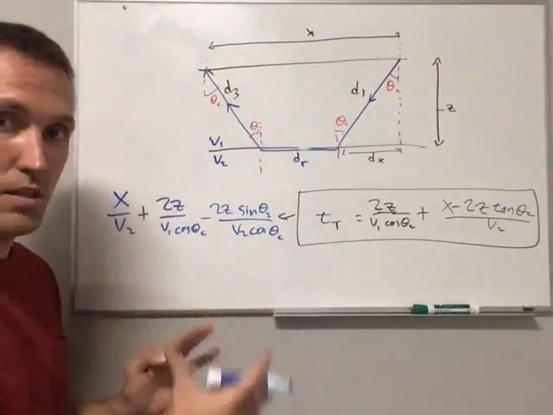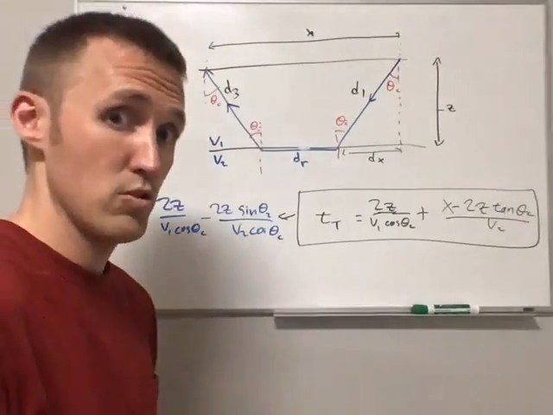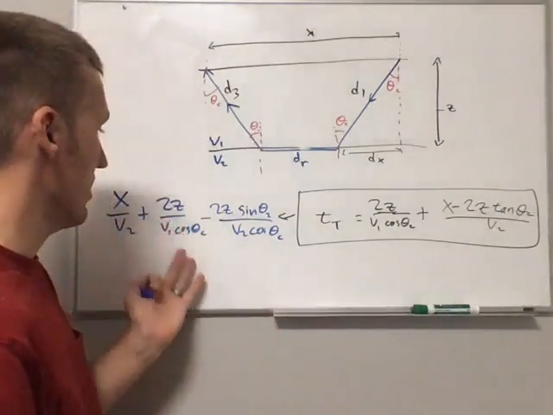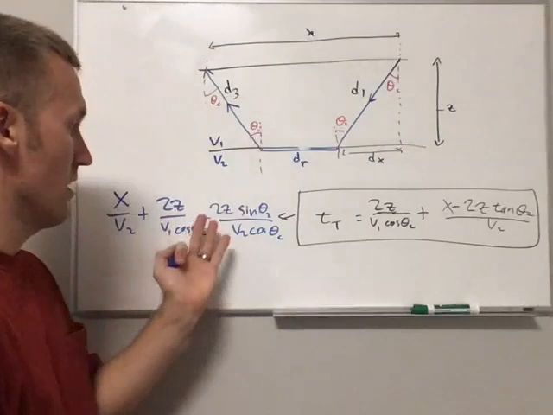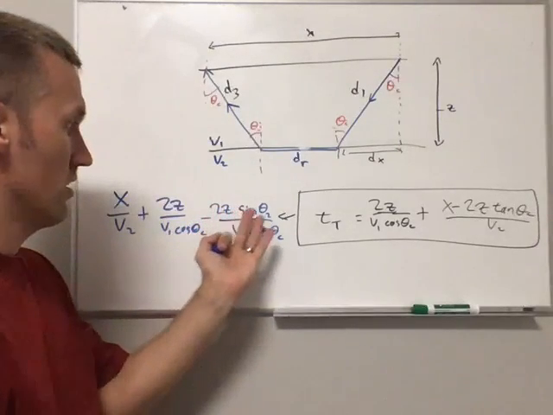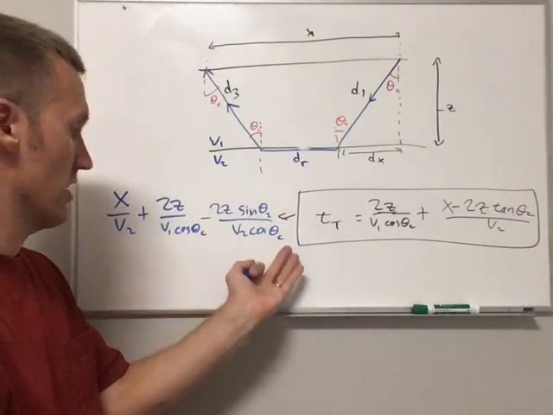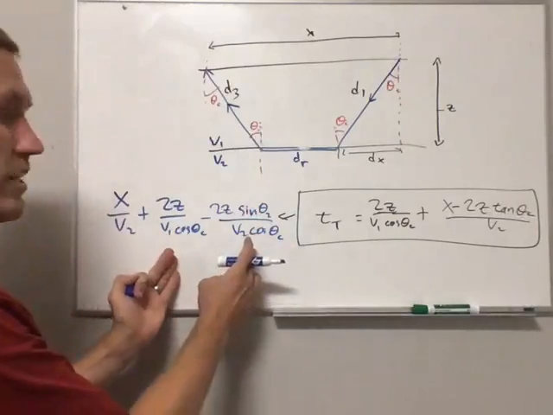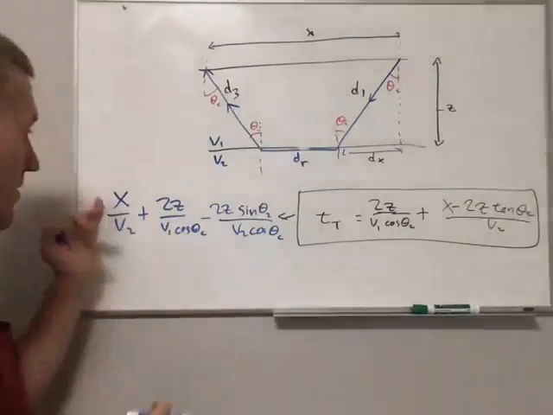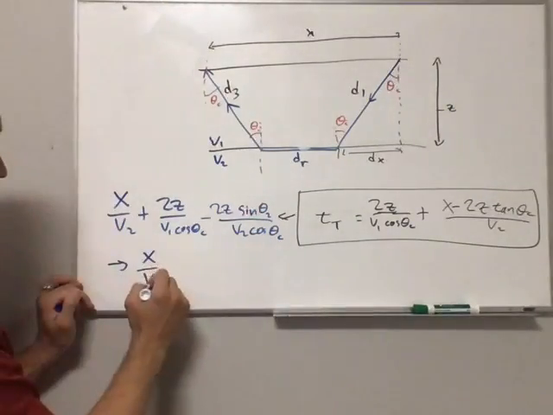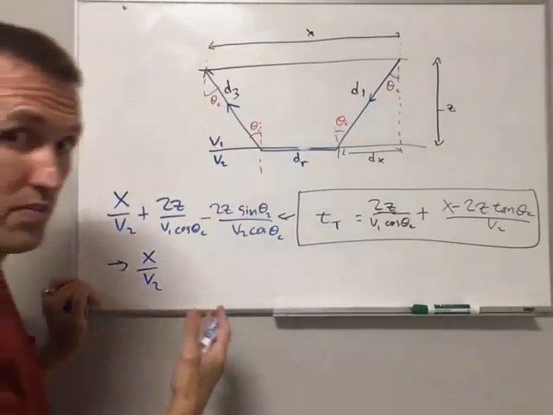So now you're starting to see a little bit of the symmetry of the problem. We've got 2z over v1 cosine theta c minus 2z sine theta c over v2 cosine theta c. These are looking a little bit similar. And then we've got this x over v2 here. x over v2, that's going to stay the same.